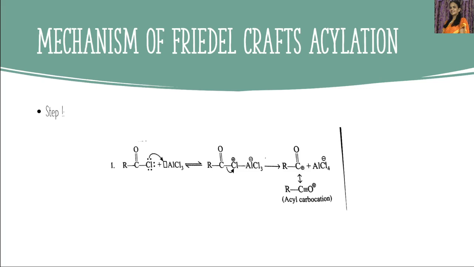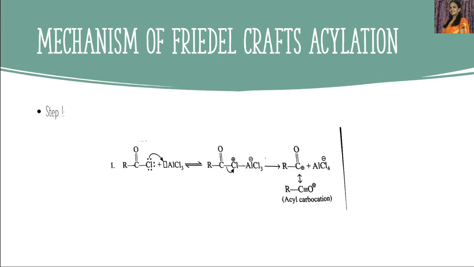AlCl3 is the catalyst, which is a Lewis acid and has a vacant orbital. The acyl chloride has extra electron pairs, therefore it forms a bond with AlCl3. You can see here. Then this bond breaks as Cl is bearing positive charge.